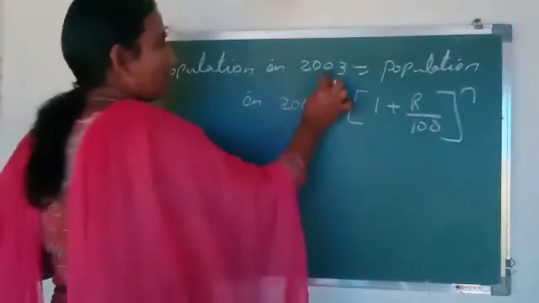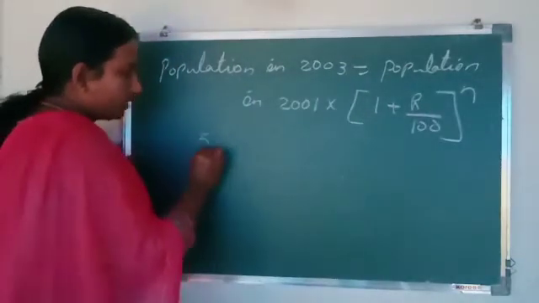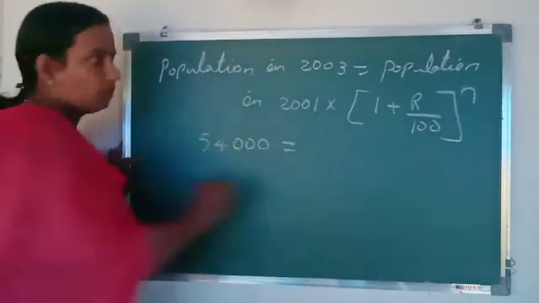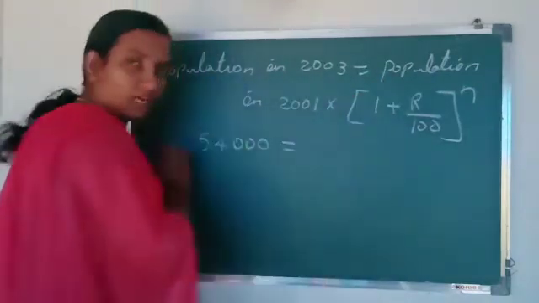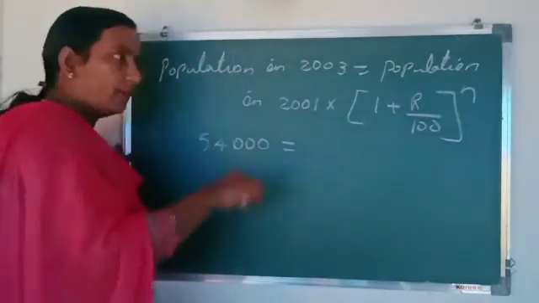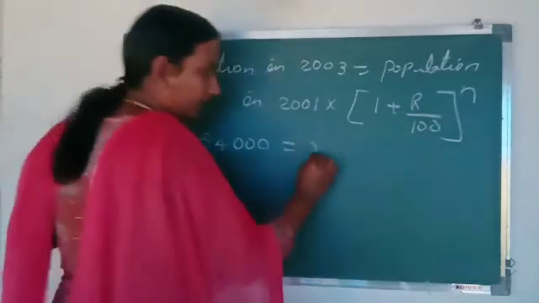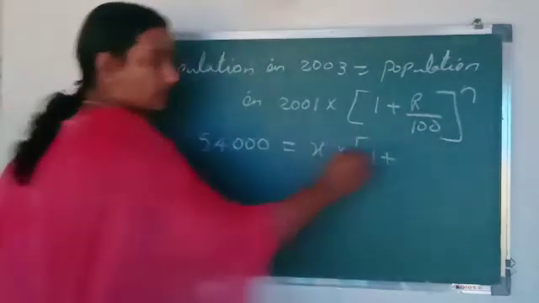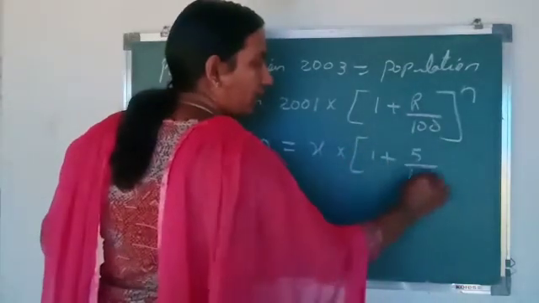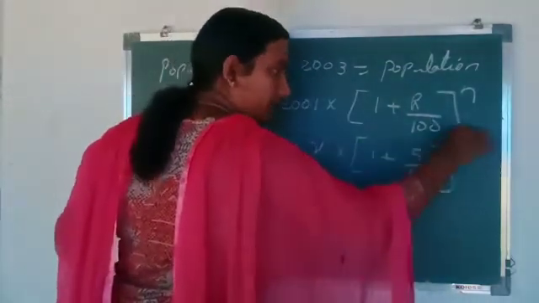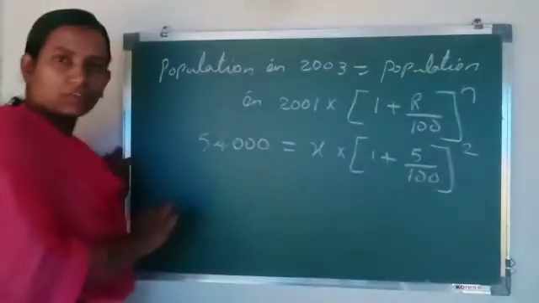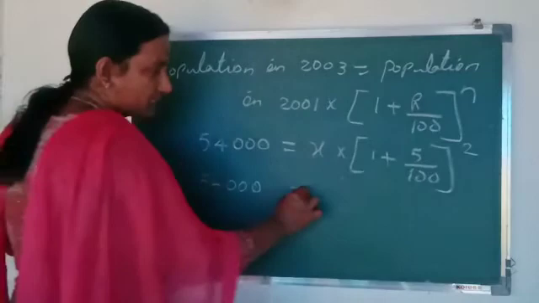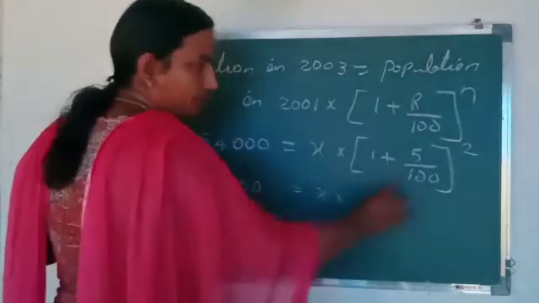The population in 2003 is given, 54,000, and the population in 2001 is the unknown. So let the population in 2001 be X, into 1 plus 5 by 100, all raised to N, which is 2.